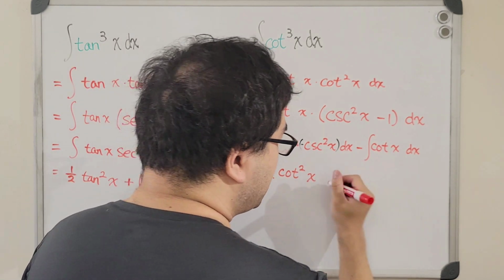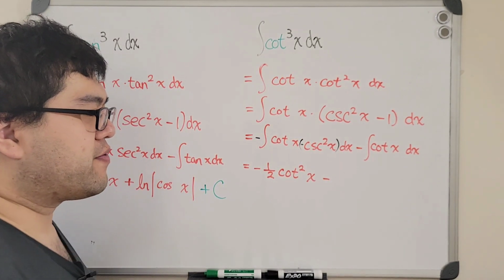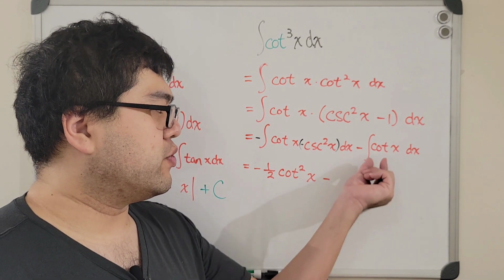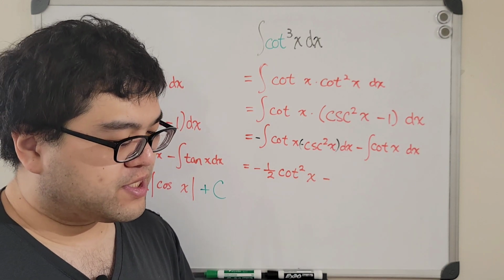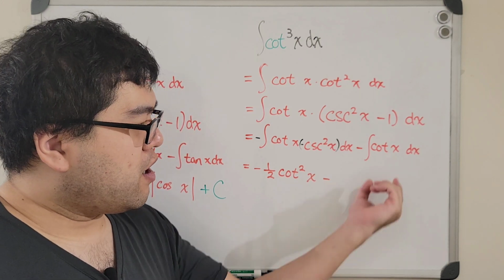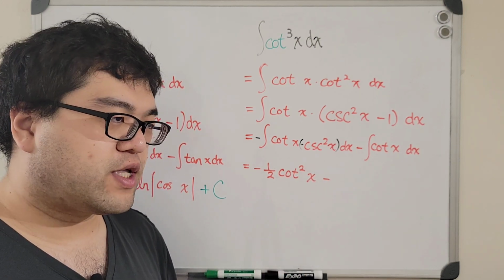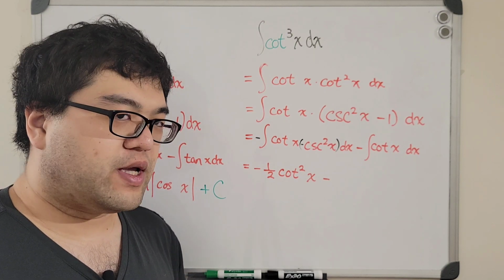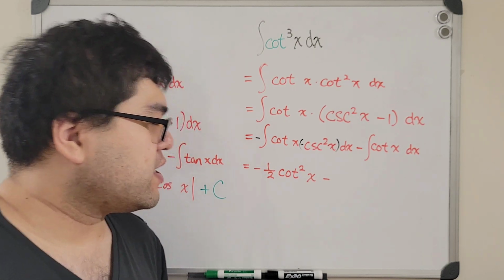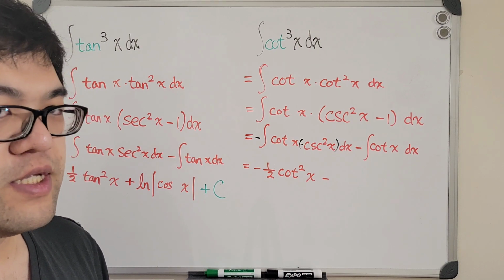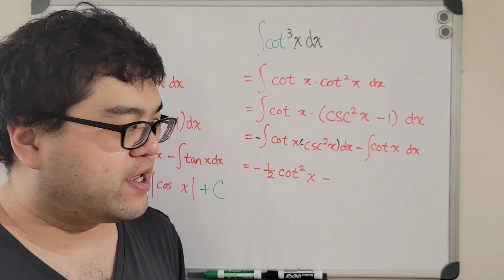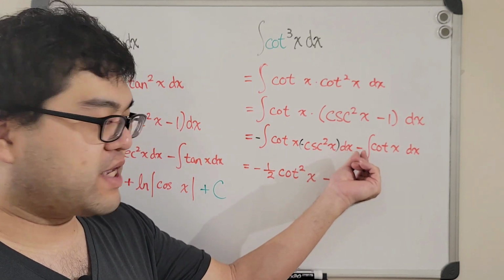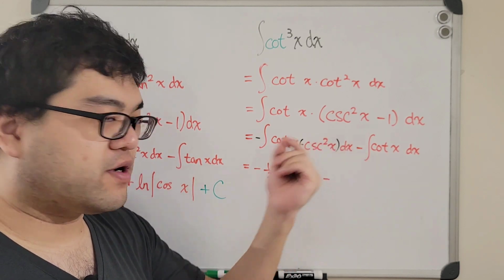And then for the second integral, we're going to rewrite it as a fraction again. So we will actually get cosine over sine. And once again, when we do u-sub of such kind of function, we would like to set u to be the denominator, sine. And then if we do that, du will be the top part, just cosine x times dx, without the negative sign.